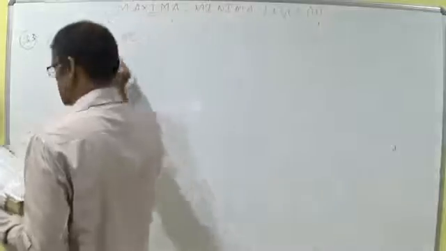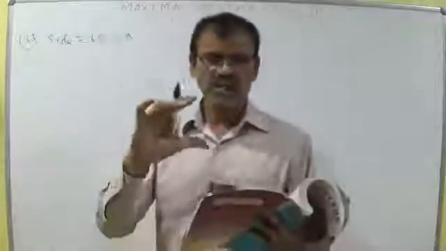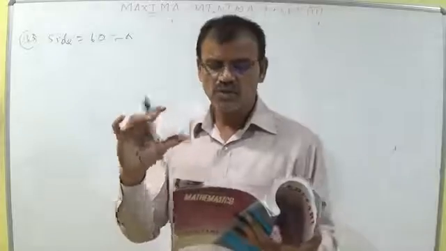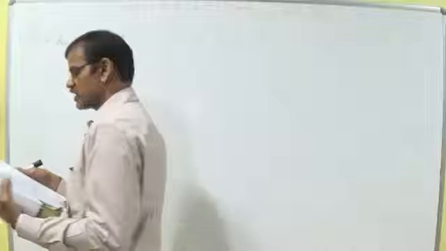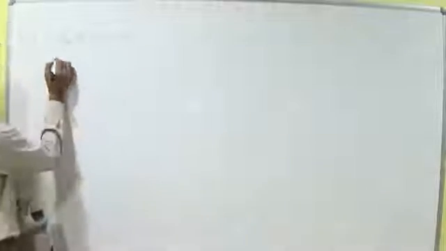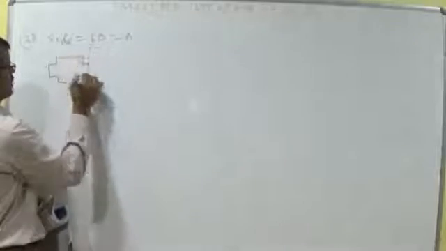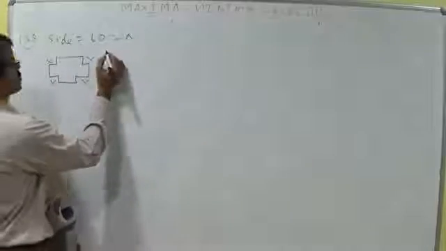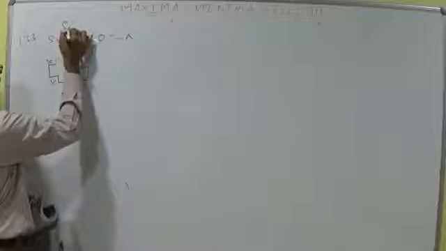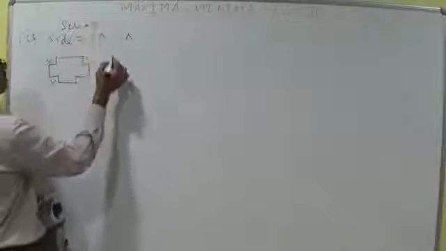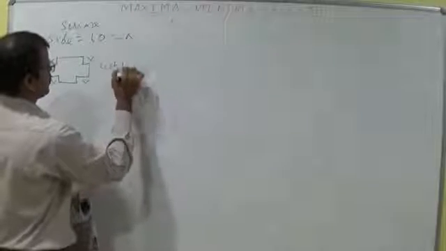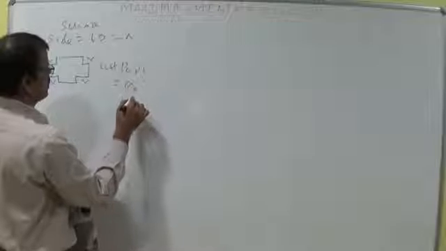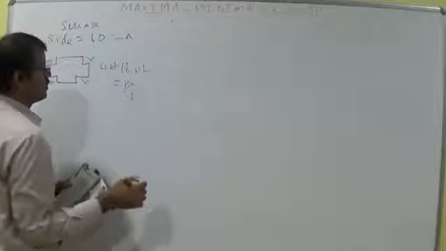If the side is A, then by cutting equal square pieces from the four corners and turning up the projecting pieces to make the sides of the box, the height of the box, like this, a square piece, a metal sheet, cutting this one, x, this is a square side. When it is a square side, the cut part formula, cut part is equal to A by 6, I said in synopsis.